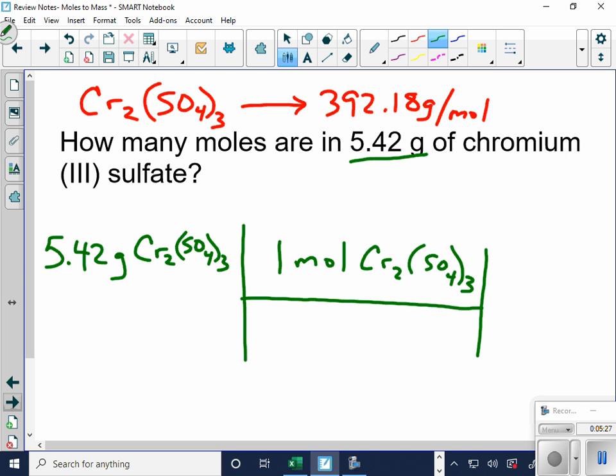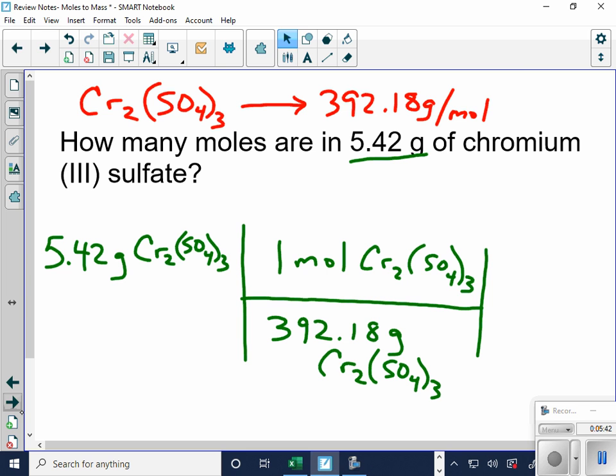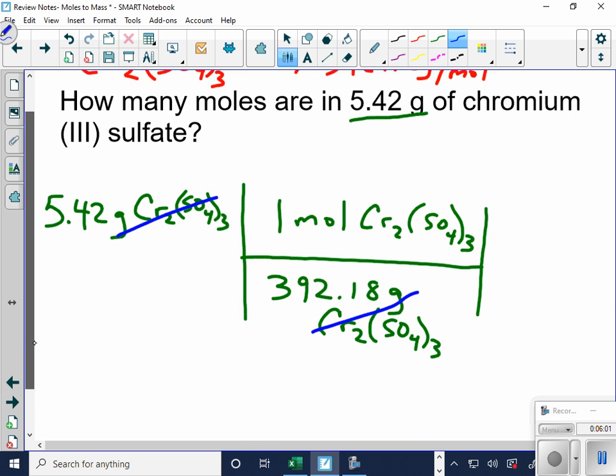And on the bottom, I am going to put my molar mass, 392.18 grams of chromium-3 sulfate. Now, as I step back, the whole idea of my factor label method is to be able to get something to factor out. I see a gram of chromium-3 sulfate on the bottom, so that is going to cancel.